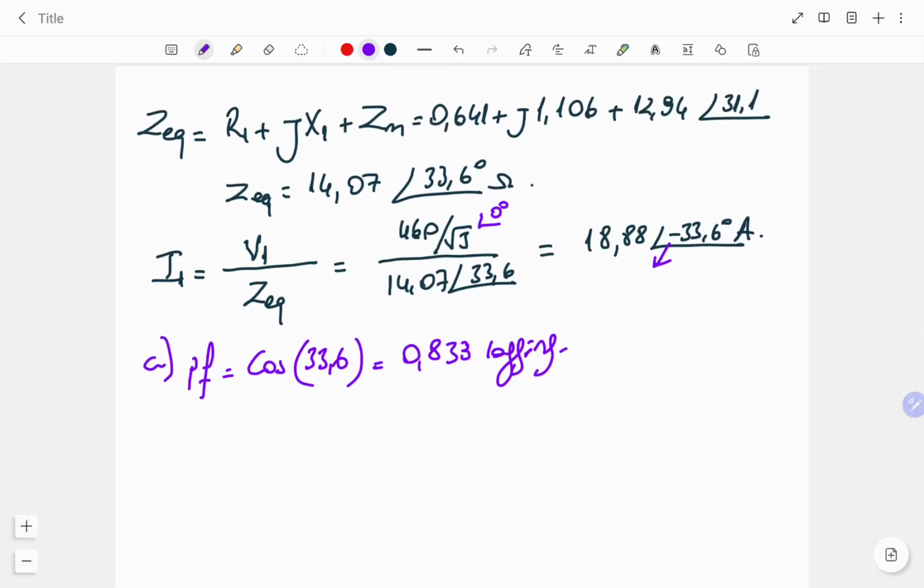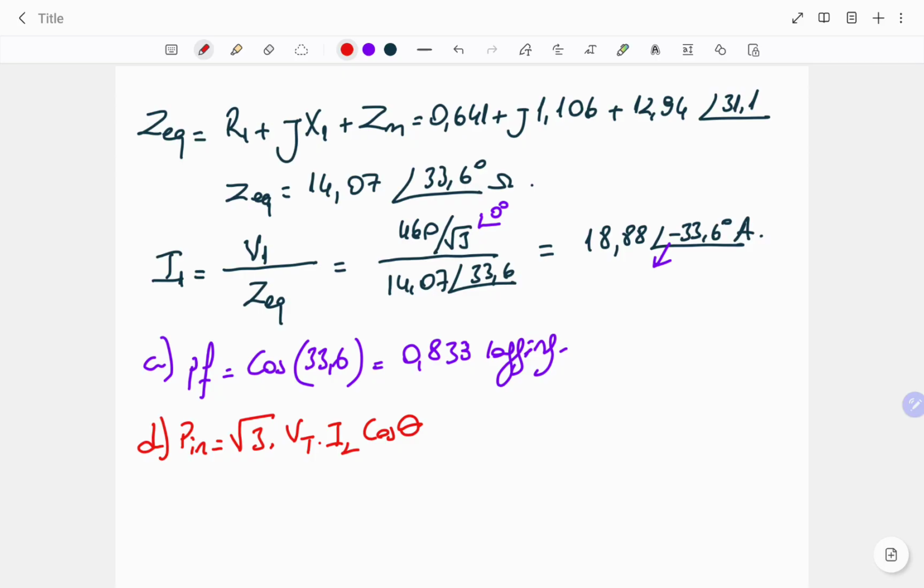Then we can continue with the power and the losses. In the next part, for example, we can calculate the input power of the circuit. The input power can be calculated with square root 3 times terminal voltage, line current, and cosine theta.